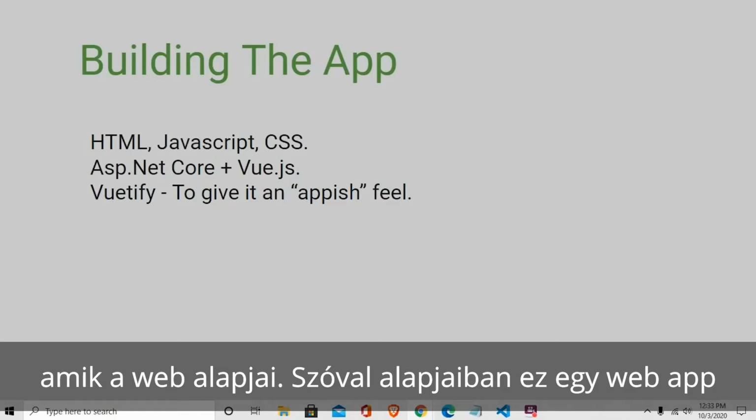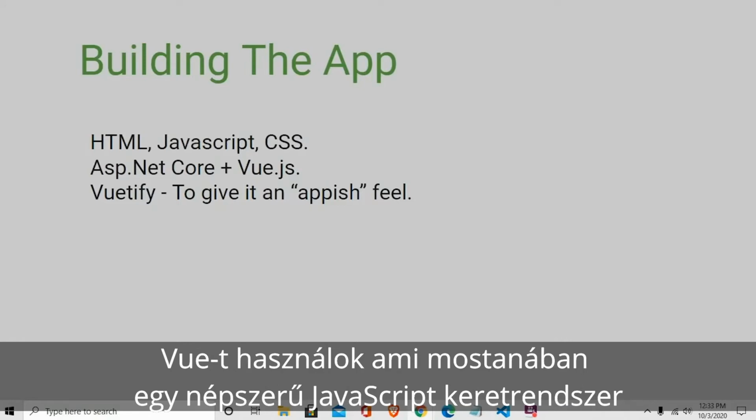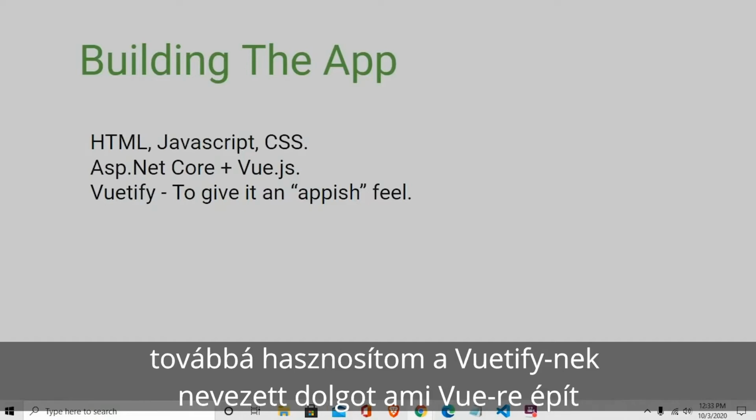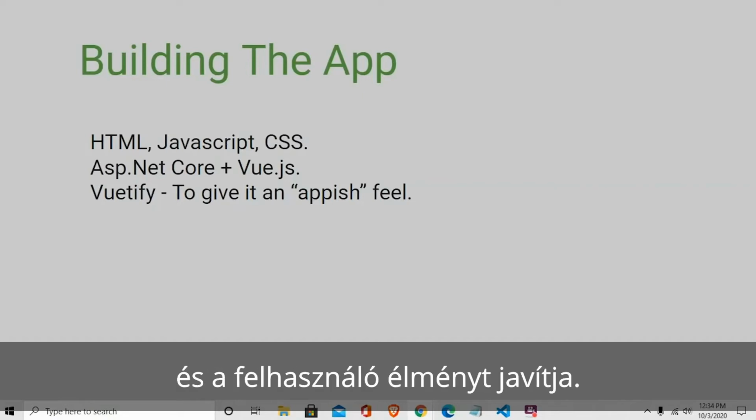So basically, it's a web app, and I utilize .NET, ASP.NET in the middle, the framework, and on the front end, I'm using Vue. That's a JavaScript framework that is very popular right now. Then I utilize something called Bemutató, which is built with Vue, to have the interface look like material design.